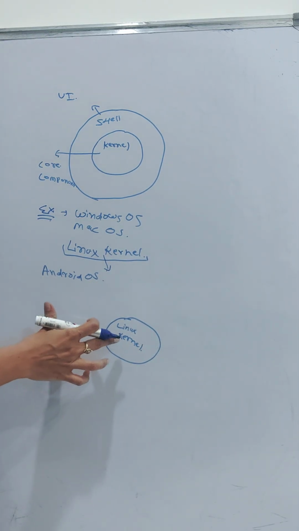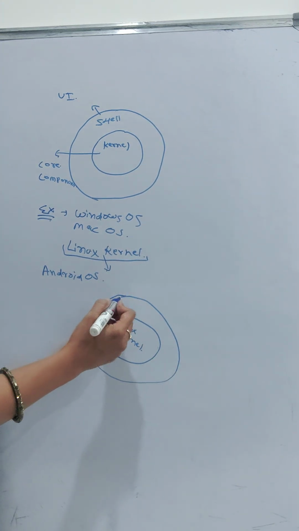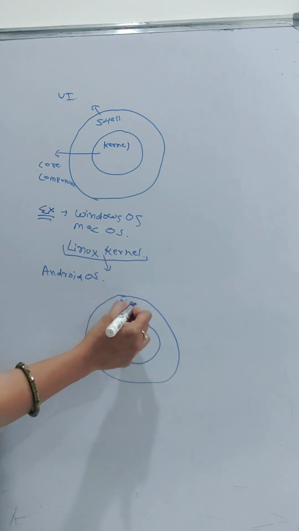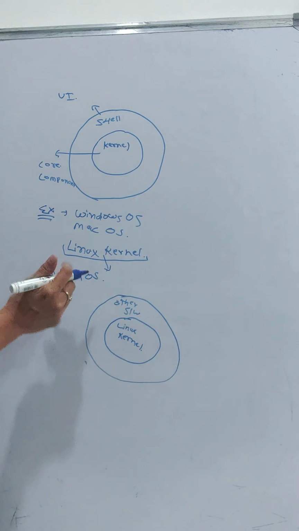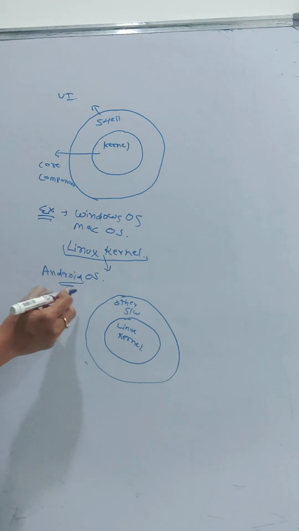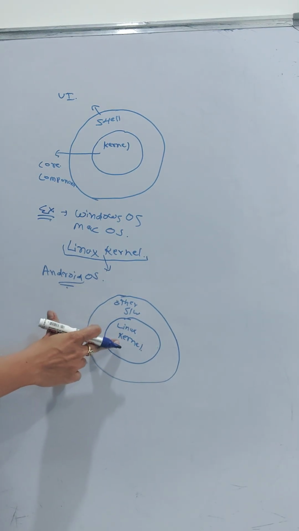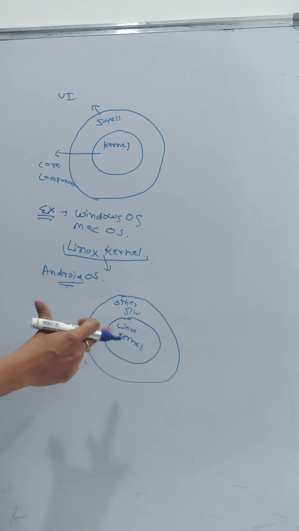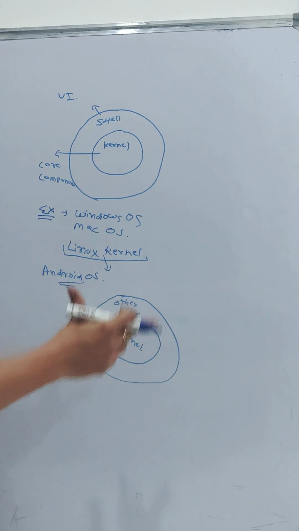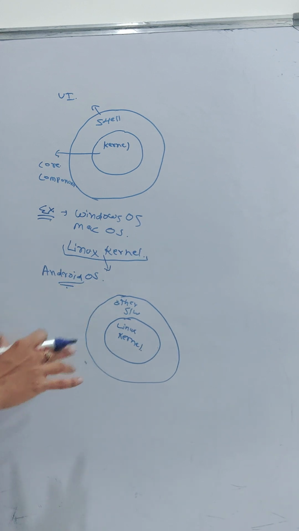On top of Linux kernel, they have used some other software as per their requirement, and this complete operating system, they have made it as an Android operating system. So anybody can use this Linux kernel, and as per their requirement they can add some more software and they can make their own operating system.